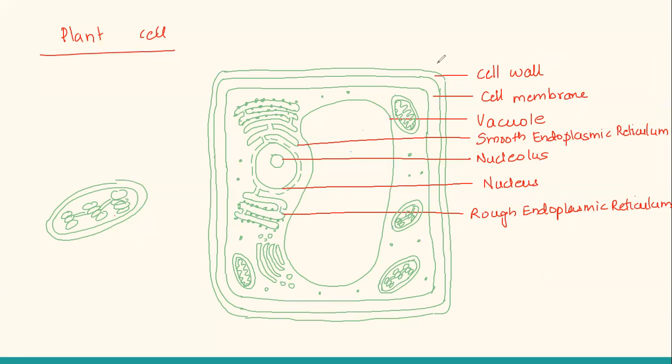Okay, let us label the remaining things as well. Okay. This would be Golgi Apparatus. Correct. This would be Chloroplast.